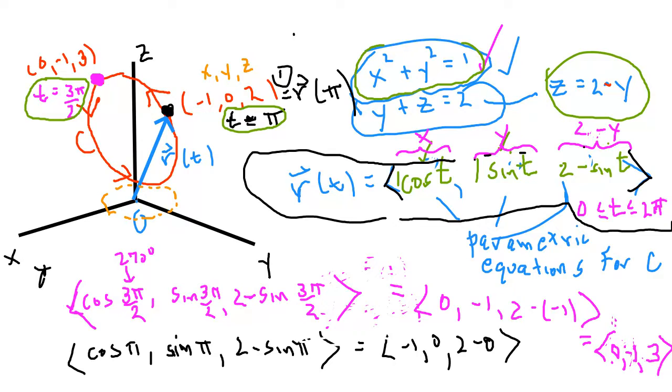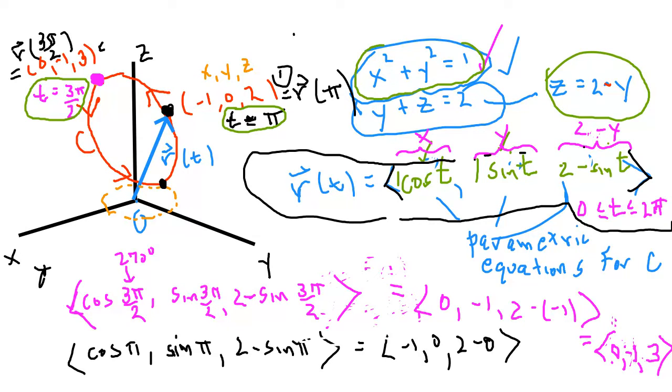And incidentally, the book also has a point down here. So let me just say this: 0, -1, 3 equals r of 3 pi over 2.